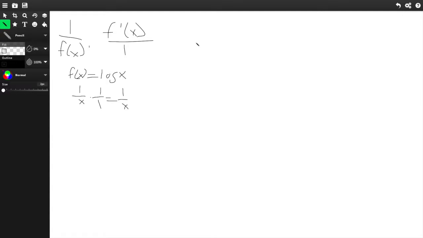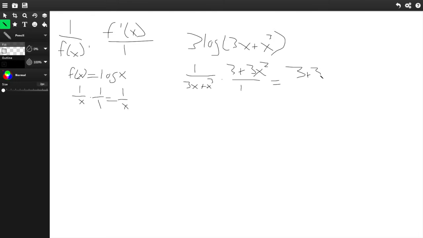Let's try a harder one. We're going to try 3 log of 3x plus x cubed. So we do 1 over 3x plus x cubed times 3 plus 3x squared over 1, which leaves us with 3 plus 3x squared over 3x plus x cubed.